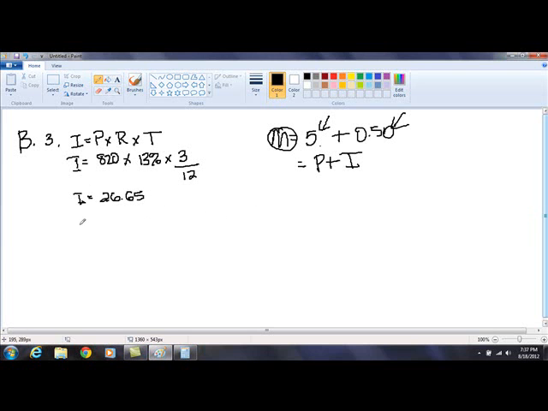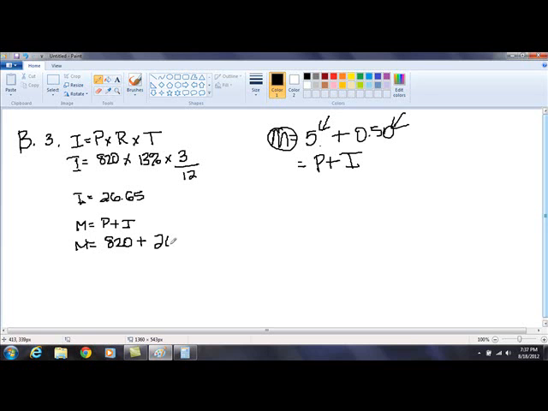Okay, now I have to calculate my maturity value. If my maturity value equals the amount that I took for the loan plus my interest, now I can fill in the blanks for my maturity value. My principal is $820.